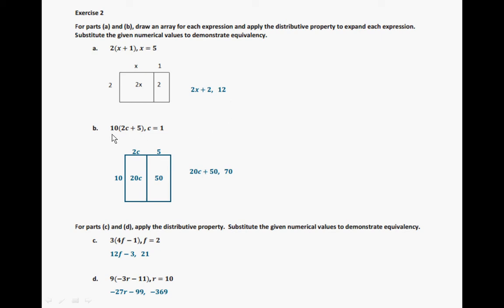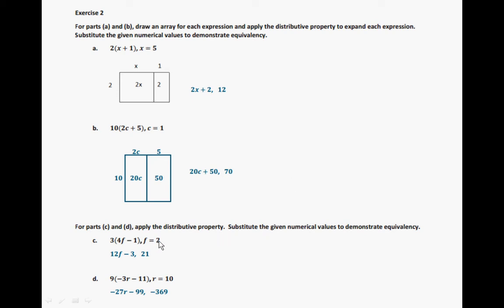All right, for the next one, 10 times the quantity of 2c plus 5, we would have 2c plus 5, and show that we are multiplying by 10. So 10 times 2 is 20c, 10 times 5 is 50, and we're going to replace c with 1. So 20 times 1 plus 50 is 70.